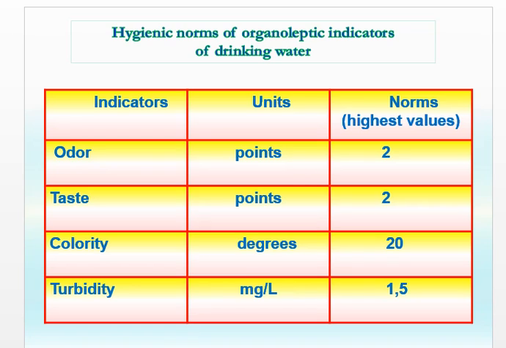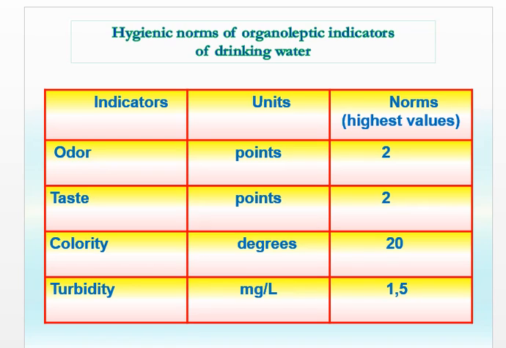What is a water analysis? Organoleptic methods are: first, determination of odor; second, determination of taste and smell; third, determination of colority; and fourth, determination of water transparency and water turbidity. And next, physical methods: determination of water temperature. Organoleptic properties of drinking water should meet the requirements of the indicators on these slides.